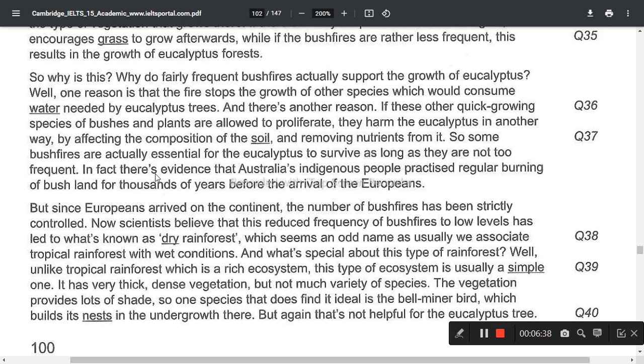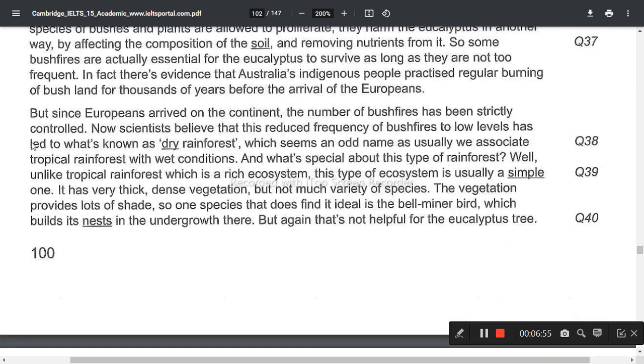In fact, there is evidence that Australia's indigenous people practiced regular burning of bushland for thousands of years before the arrival of the Europeans. But since Europeans arrived on the continent, the number of bushfires has been strictly controlled.